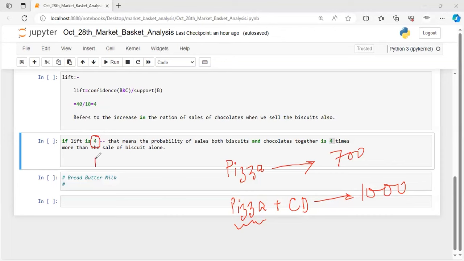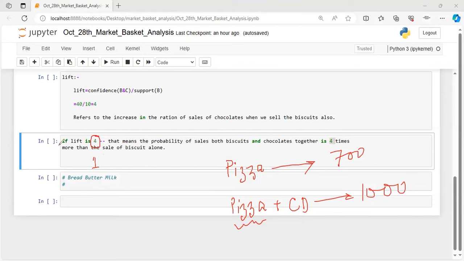If this lift value is close to 1, that means you are not finding any kind of association. If it is less than 1, you are not finding any kind of association of pizza and cold drink.